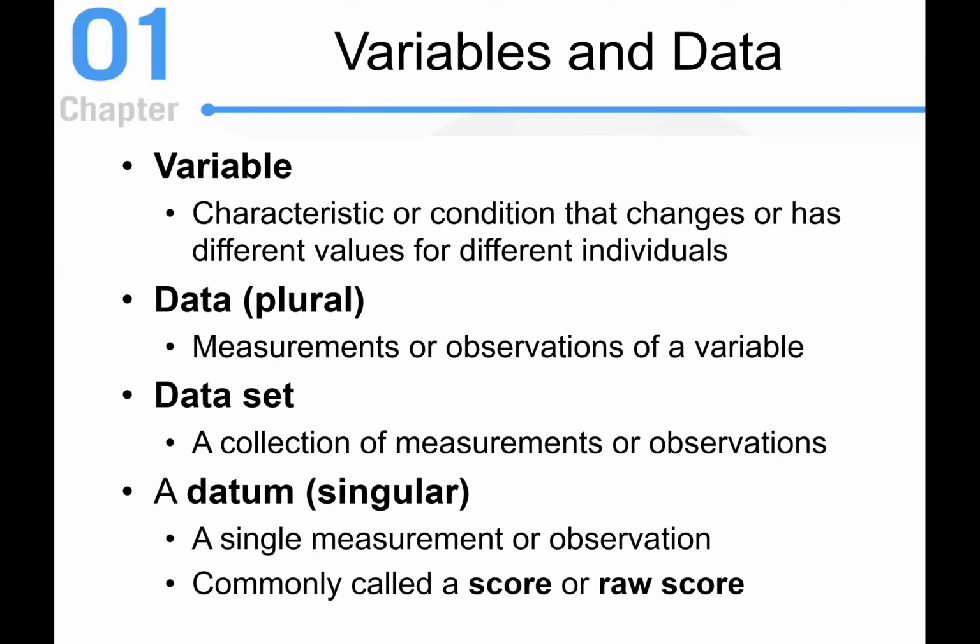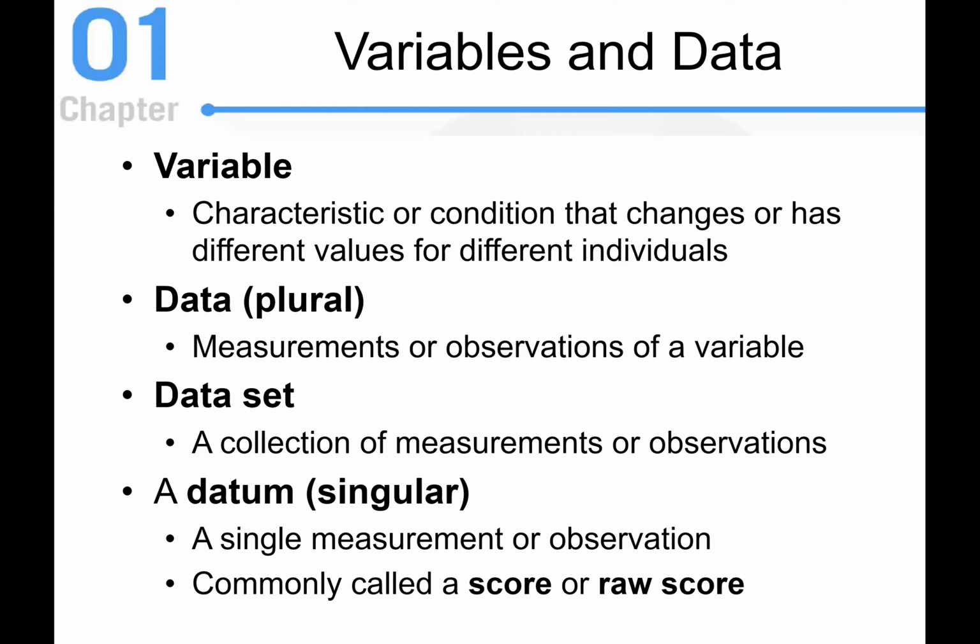We could take a host of other variables, but let's stick with people. People have what are called individual differences. Two people are almost never completely alike. A variable could be hair color, right? Somebody has blonde hair, another person has red hair, another person has brown hair, another person has black hair. So hair color would be the variable.